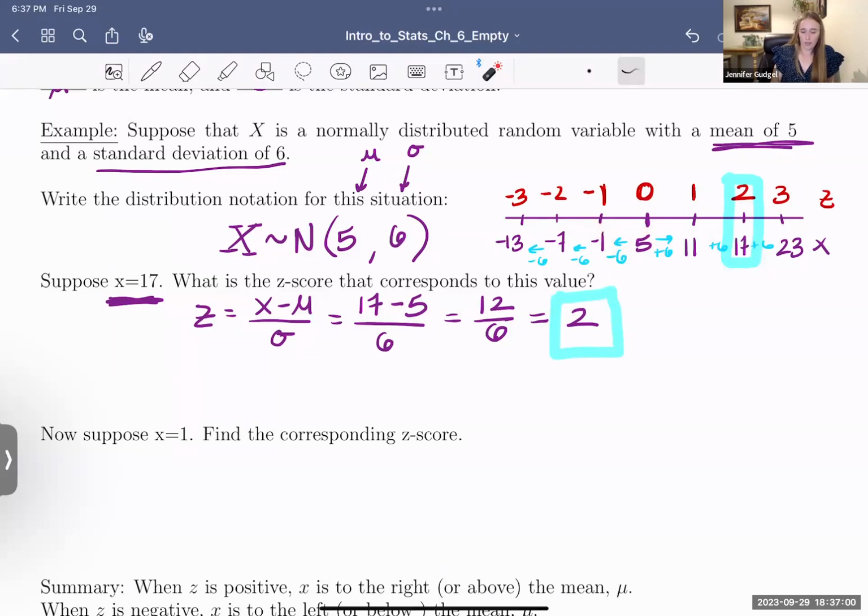So I can kind of estimate, but I don't know the exact value until I use my z-score formula. The z-score is equal to the data value 1 minus the mean, which was 5, divided by the standard deviation, which was 6.